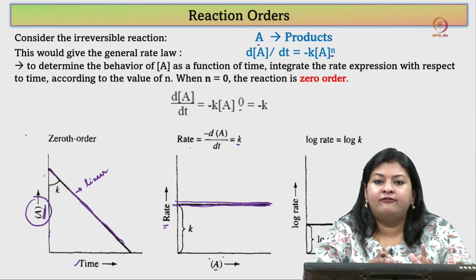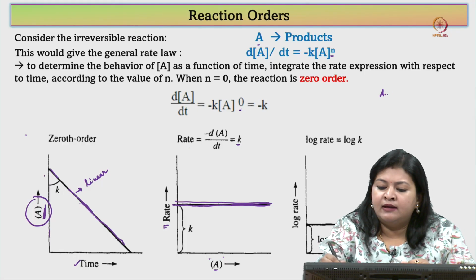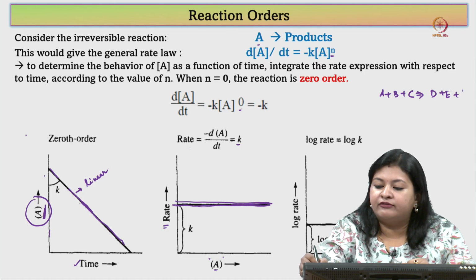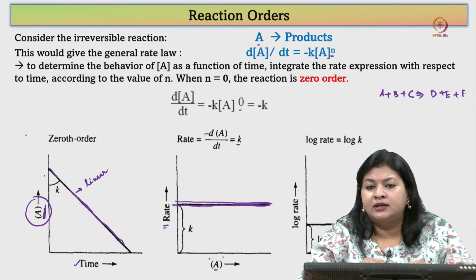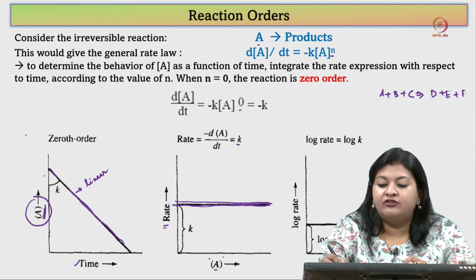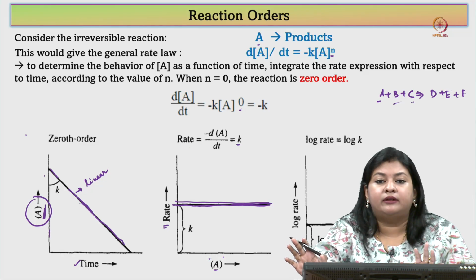So, you can have another, more complex reaction, A plus B plus C, which is going to form D plus E plus F. And in this kind of reaction, A can remain 0th order, while B and C can be different.